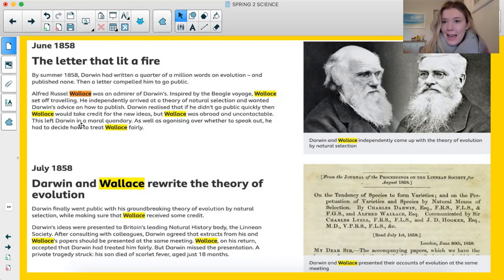So Darwin was left with a moral quandary, which basically means he was trying to decide what's the right thing to do, the best choice to make. Should I take the credit, or should I wait and treat Wallace fairly and equally? And Charles Darwin chose to wait for Wallace to come back from his expedition and to collaborate together.